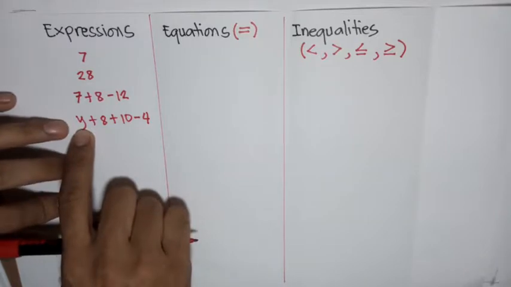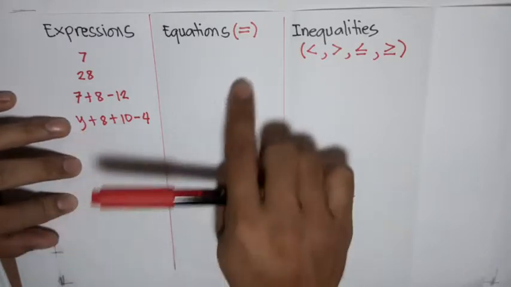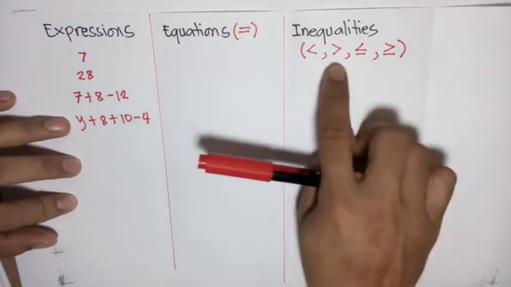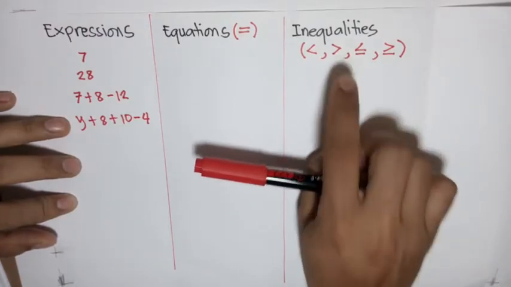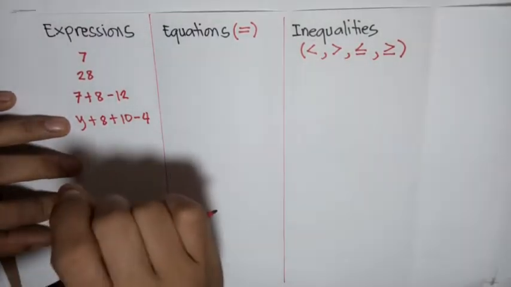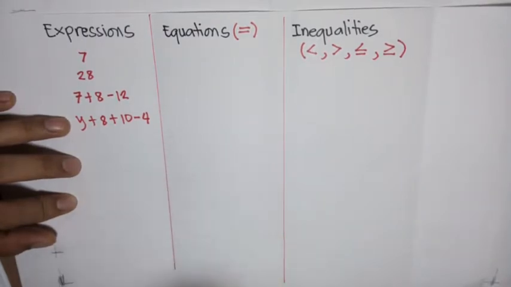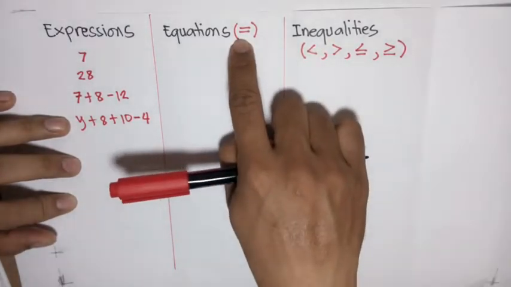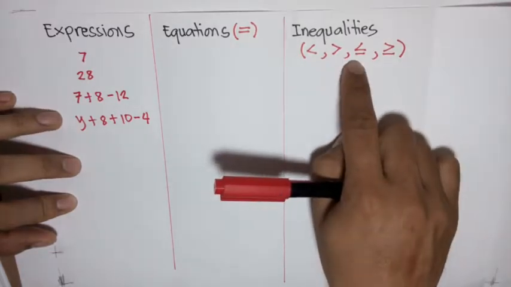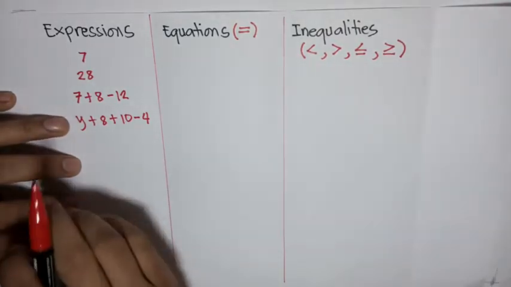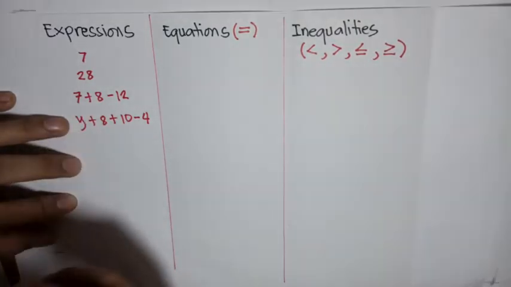Again, it's only an expression when there is no equal symbol and no inequality symbol. It is just a number, or a number and a letter or symbol, without any symbol of equal or inequality. It can be a combination, any will do.